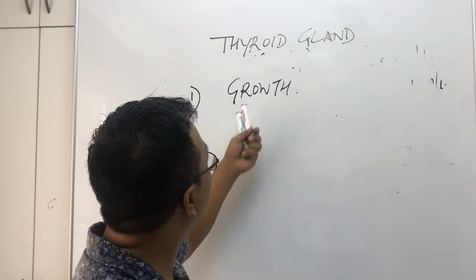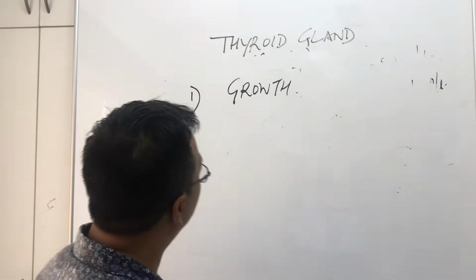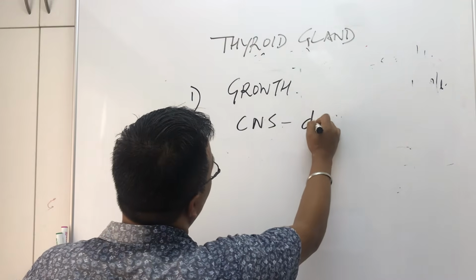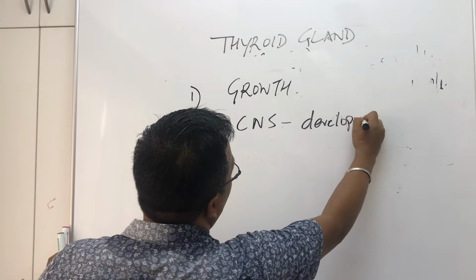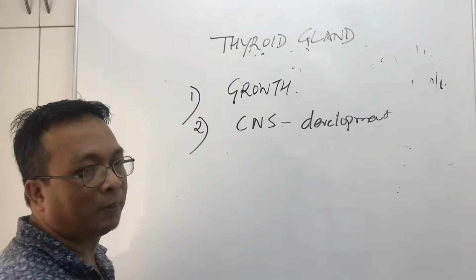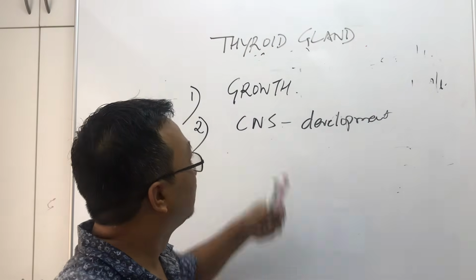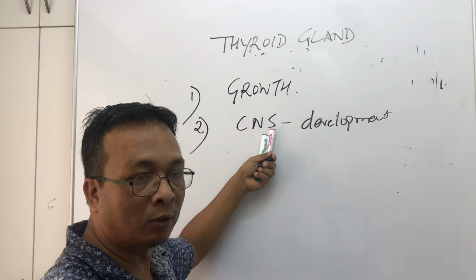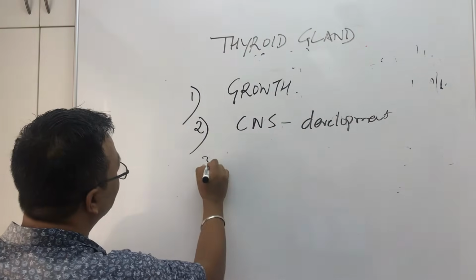Like growth hormone, thyroid hormone also influences growth. Number two, CNS development. That's why when thyroid hormone is down, growth stops and IQ is also down, or the person is mentally retarded. Number three is a very important function.